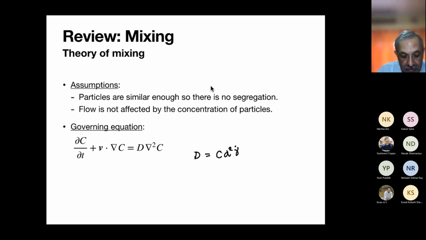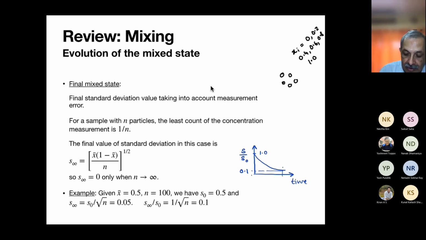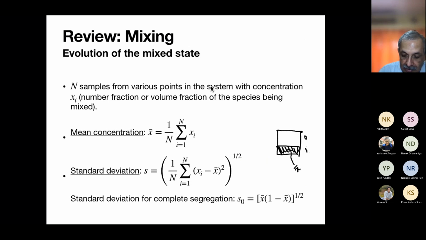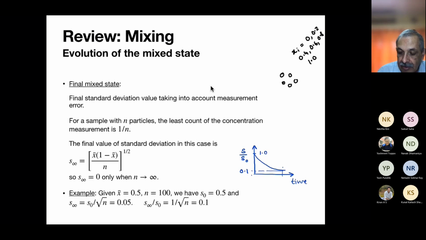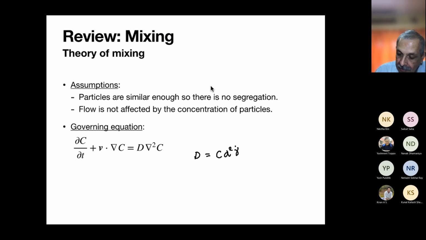So this way, starting with some initial concentration profile, we can actually predict how the concentration will change. And then once we know that, then we can easily calculate all these quantities, like mean, standard deviation, all this can be calculated for the system.